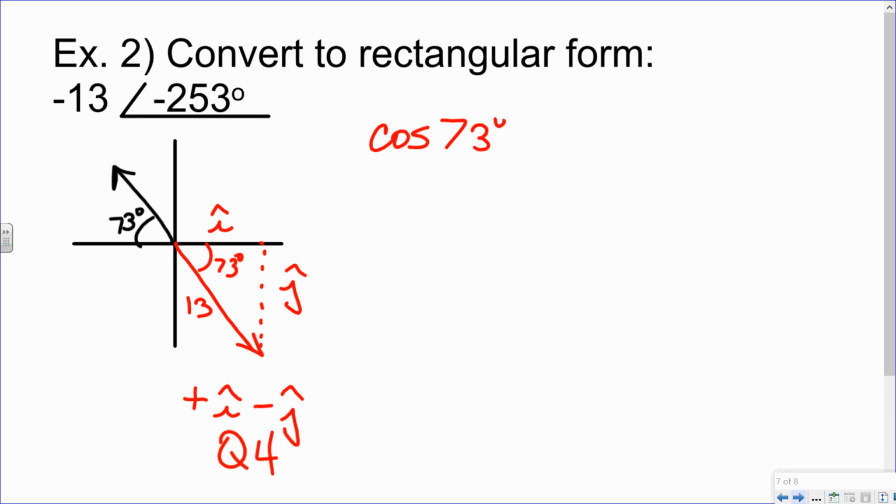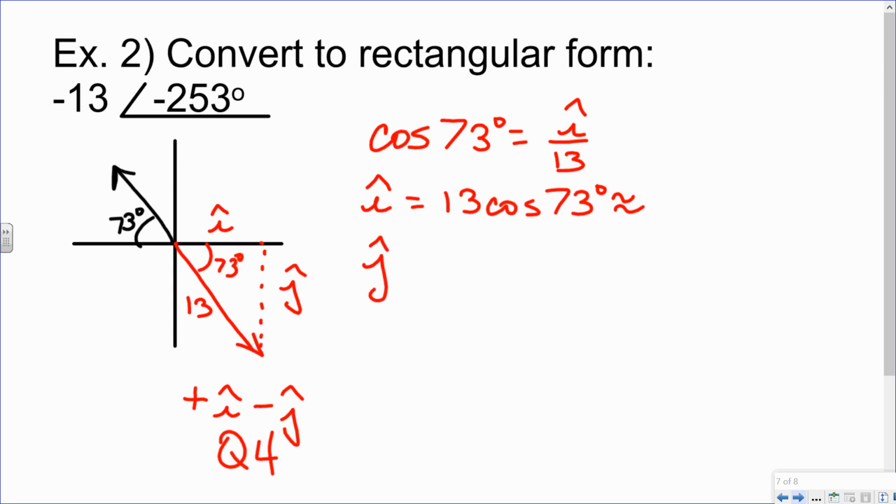Cosine 73 degrees is I hat over 13, or I can memorize the formula. I hat is 13 cosine 73 degrees, and you're going to tell me what that is. And J hat is 13 sine 73 degrees. I want to see that written down, that you're entering 13 sine and cosine of 73 degrees. So I'll give you a moment to get that entered and tell me what answers you're coming up with for that.